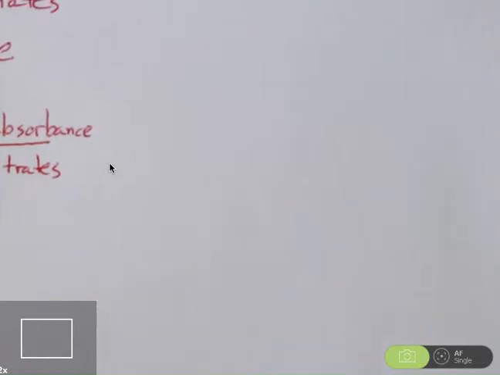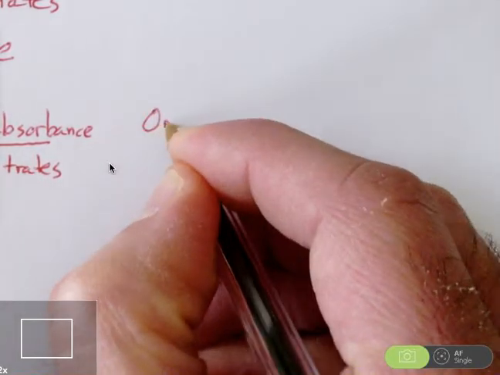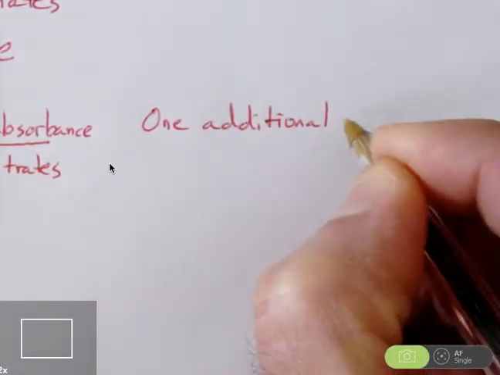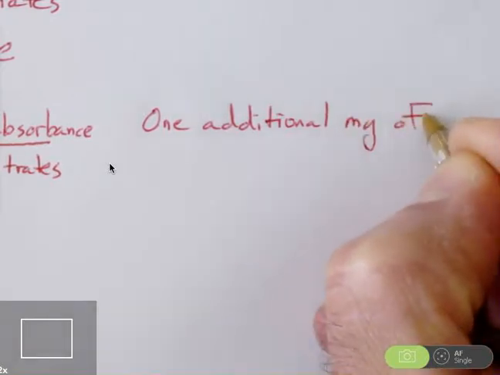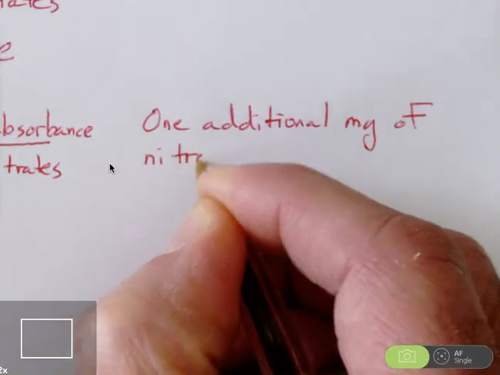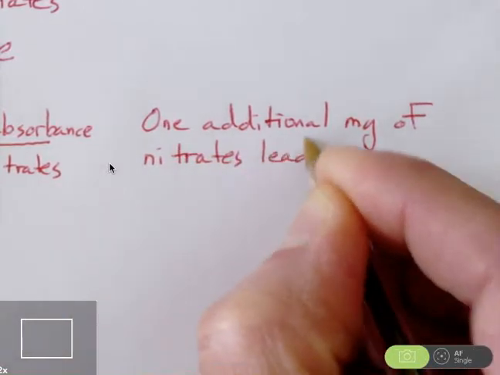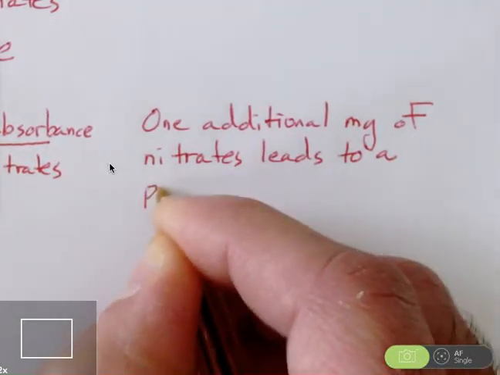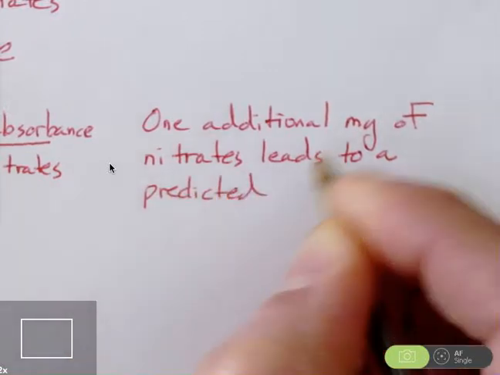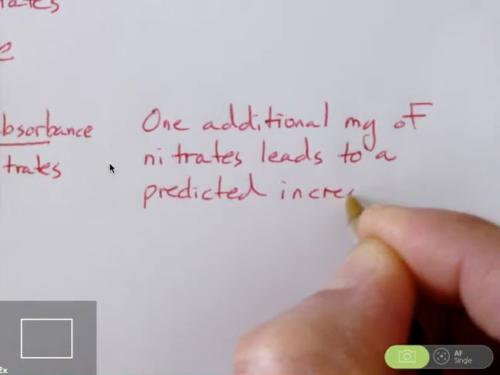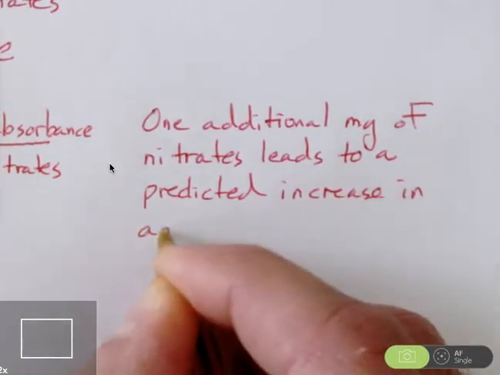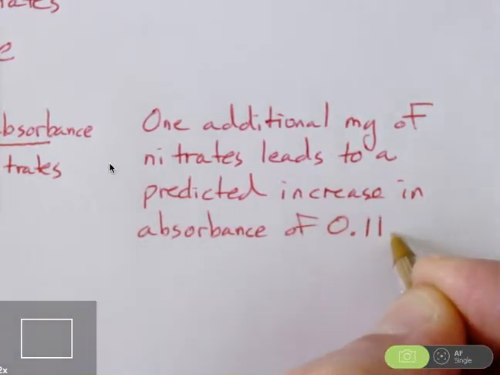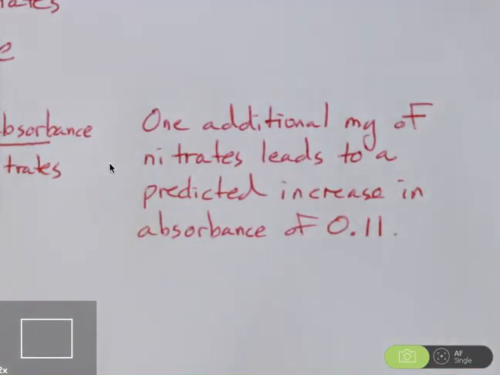That's how I would write it out. 1 additional milligram of nitrates leads to a predicted or an estimated or an approximate, a predicted increase in absorbance of 0.11. That's how I would interpret the slope.